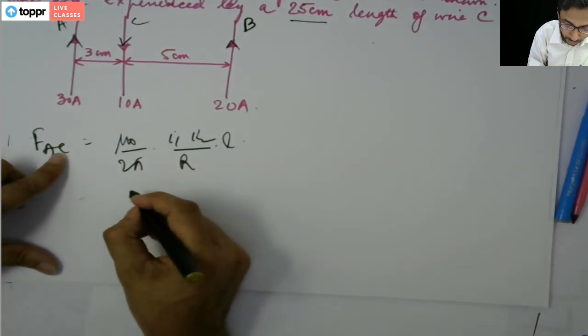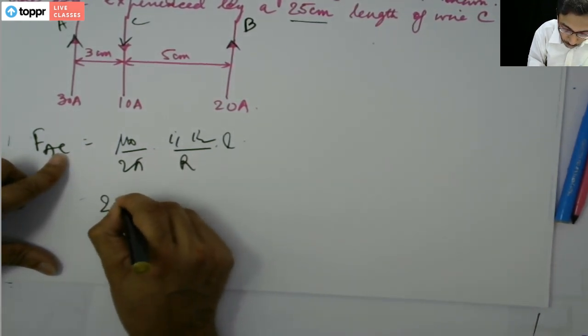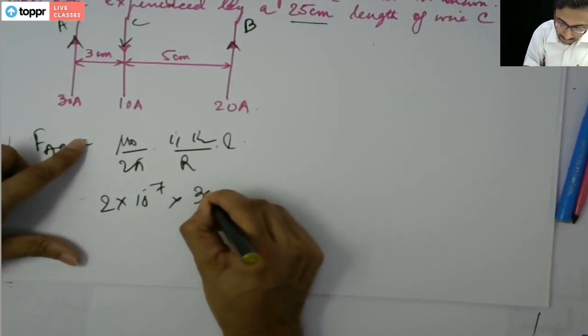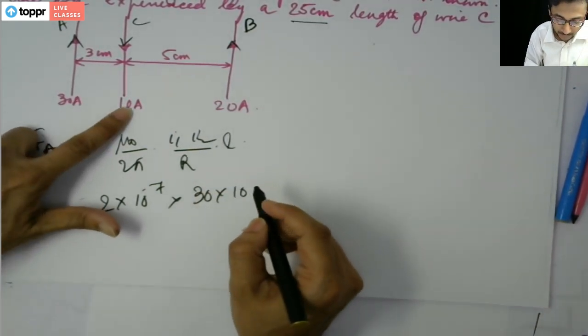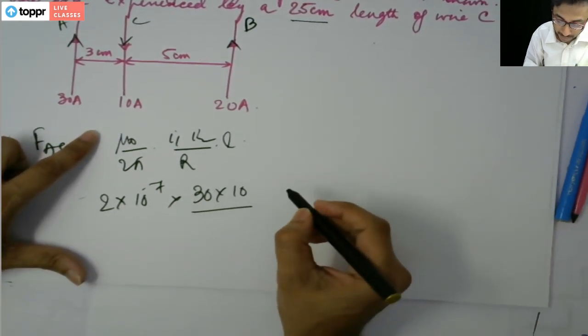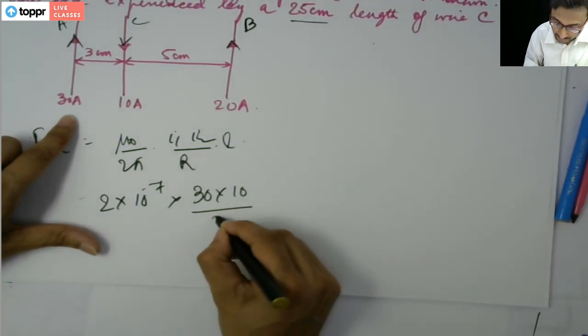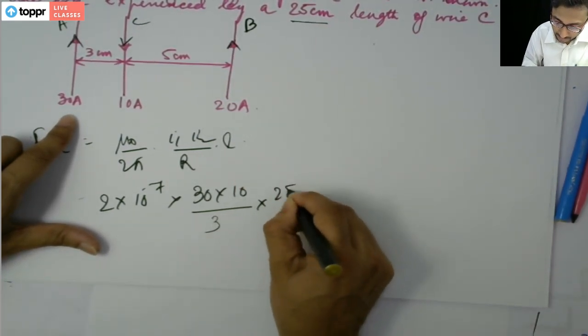Now mu 0 by 2 pi is 2 into 10 to the power minus 7. I1 I2 is 30 into 10. R is 3 centimeter, L is 25 centimeter.